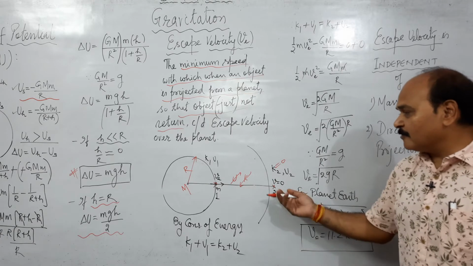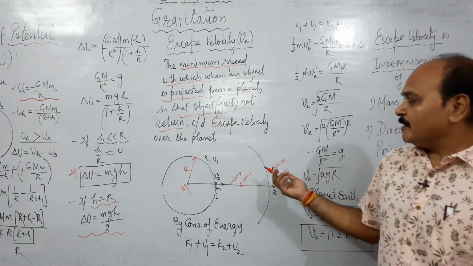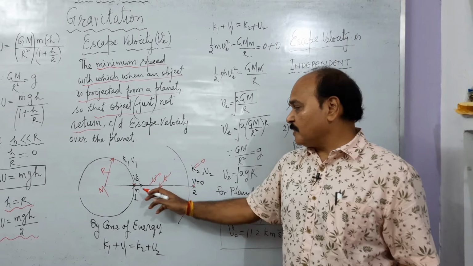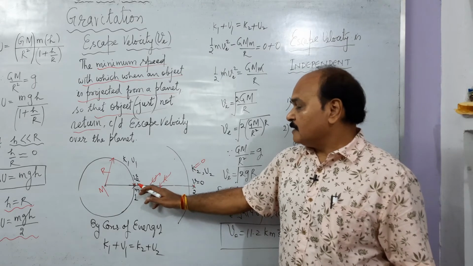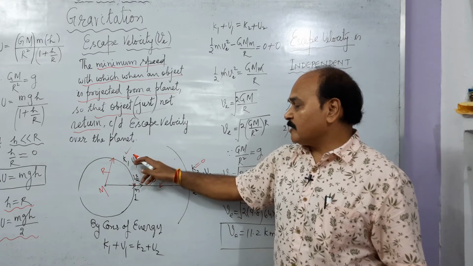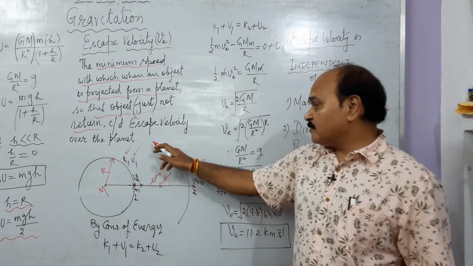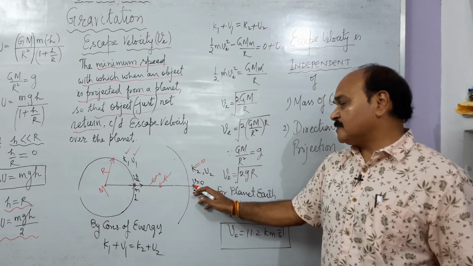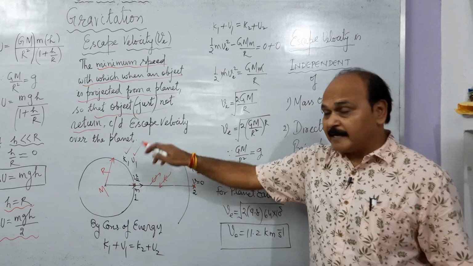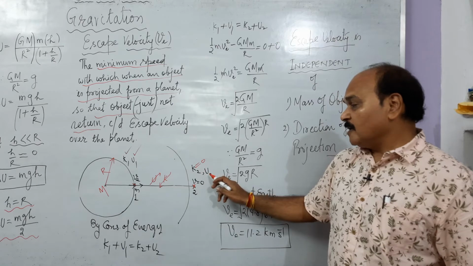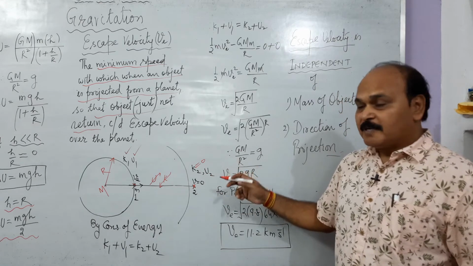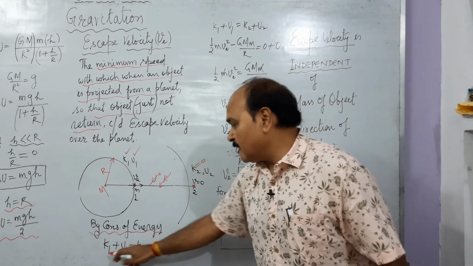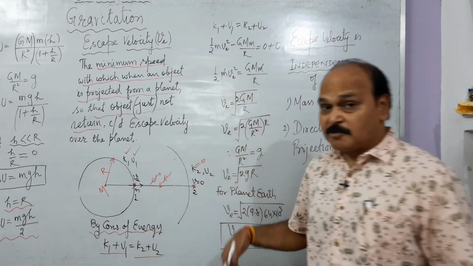So let us find out the escape velocity by conservation of mechanical energy. When the object is over the surface of the planet, its kinetic energy is K1 and its potential energy is U1, and as the object moves away and moves out of the sphere of influence of this planet, its kinetic energy becomes K2 and potential energy becomes U2. By conservation of energy, K1 plus U1 is equal to K2 plus U2.